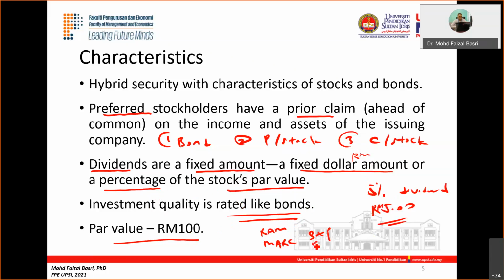All of these are examples of rating agencies, and they will rate the preferred stocks of the companies as well. Again, they will give high ratings for good quality investments and low ratings to those considered non-investment grade.